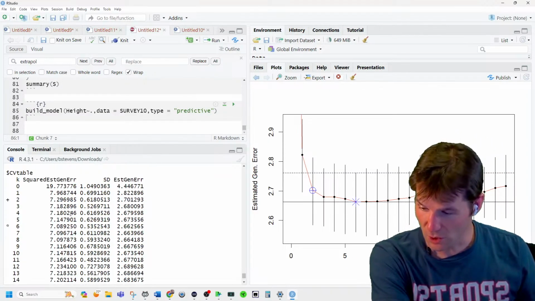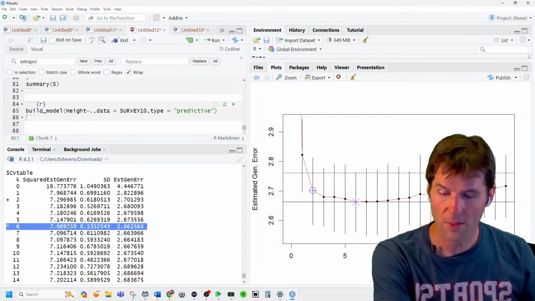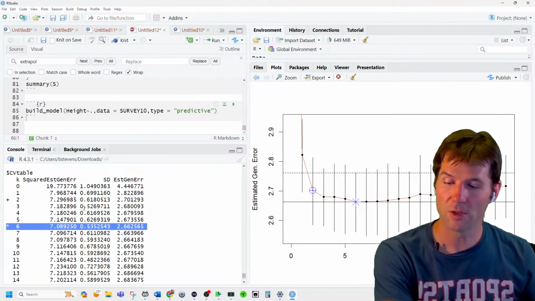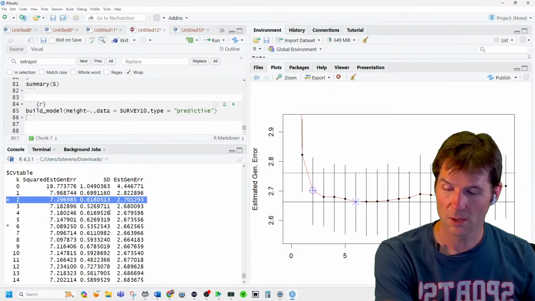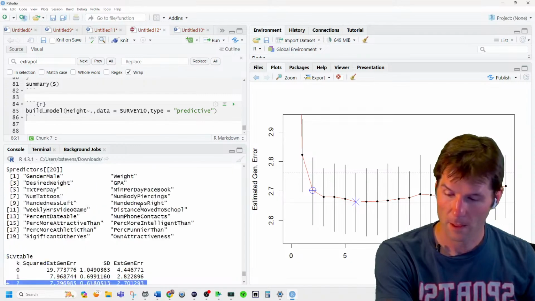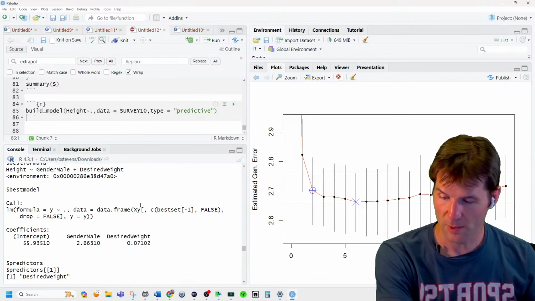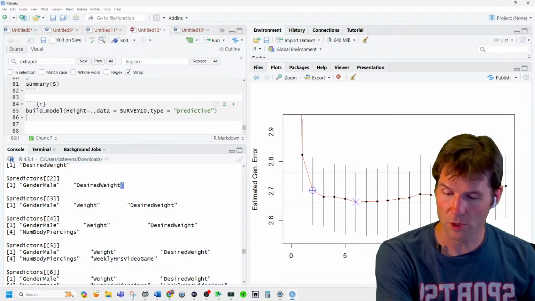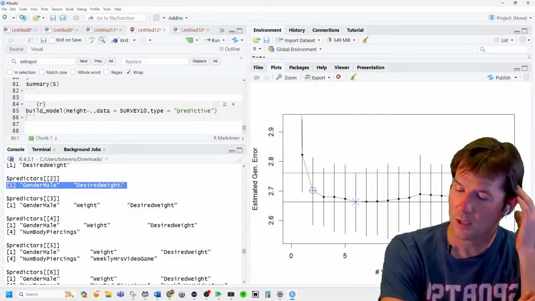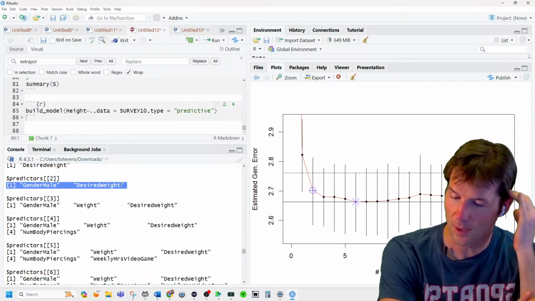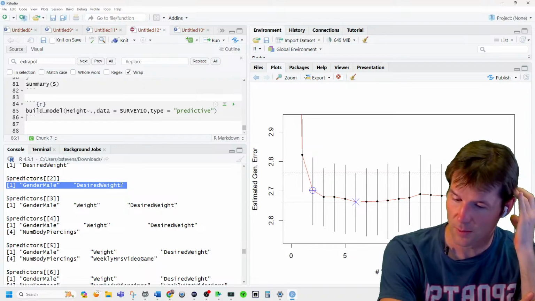So that's where you see the star right here. And then the model that is just as good as it has 2 variables right here. So if you notice, oh my gosh, so much output. The 2 variable model with gender and desired weight is just as good as a model with 6 variables in it.